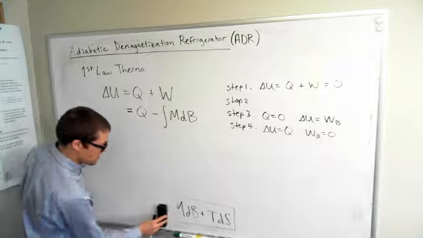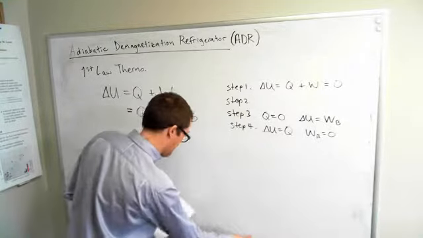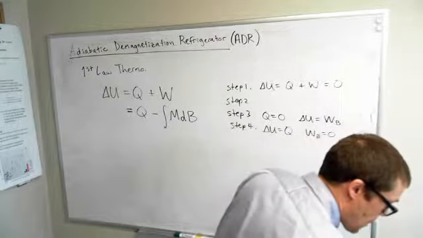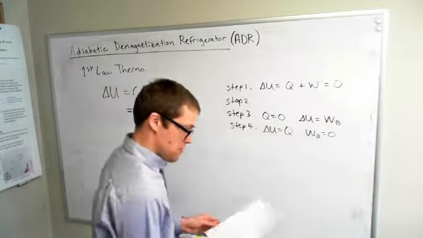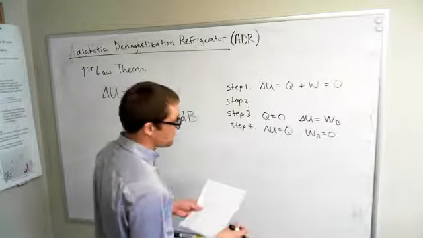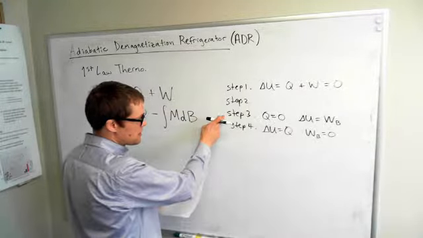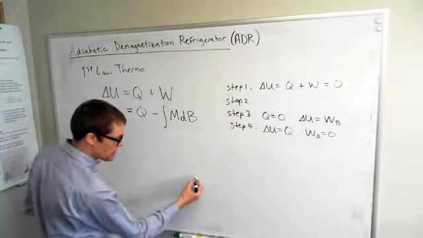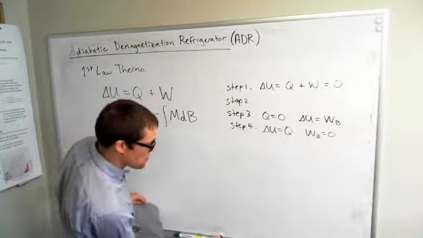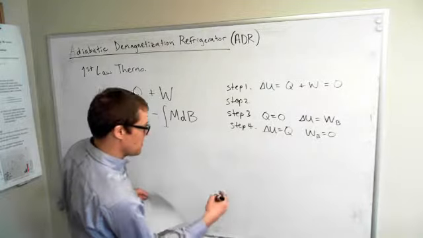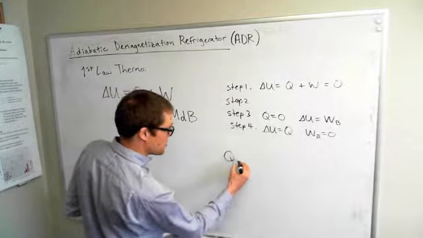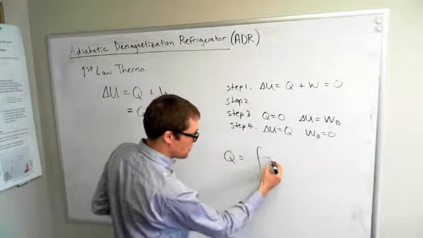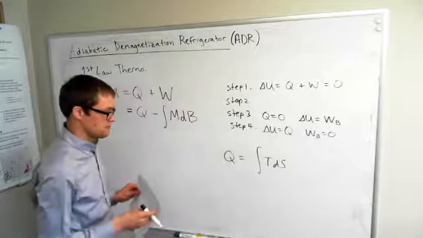Okay, but I was going to make a point about the step where we give up the temperature. Okay, so what I just erased, remember, was the relationship that said that Q in this system is equal to the integral of T dS.